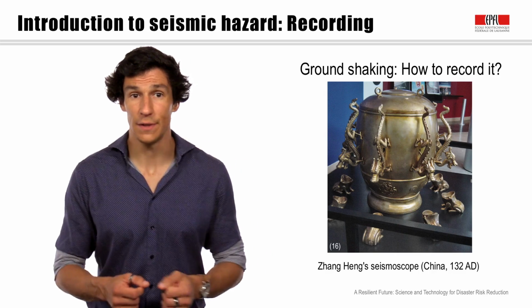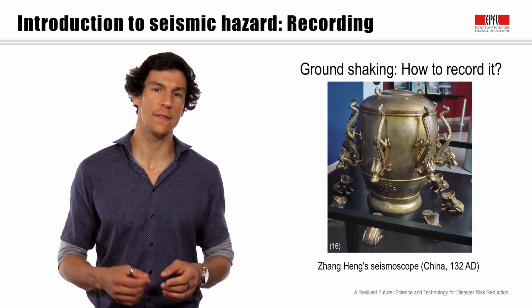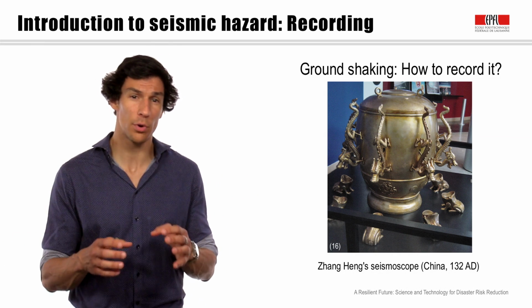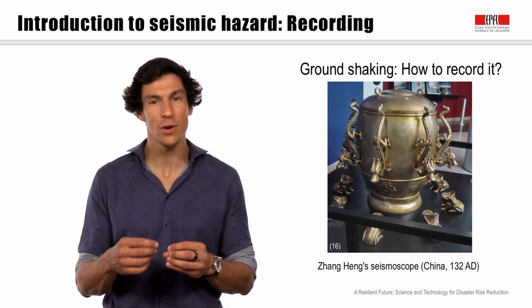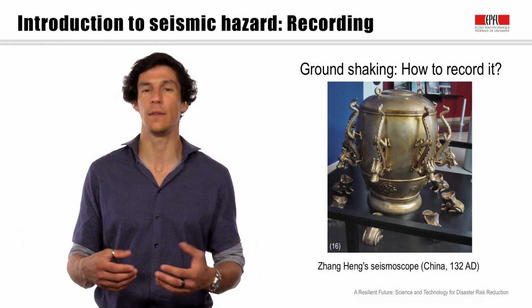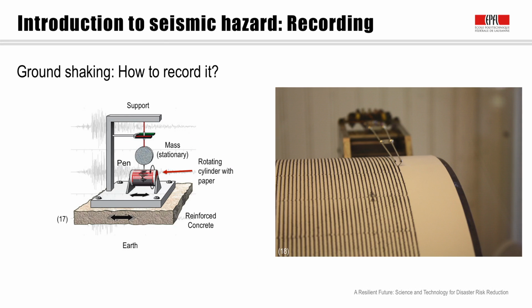Instruments that characterize the ground motion have been developed since ancient times, as Zhang's seismoscope, where a bronze ball drops from one of the 8 dragon heads to the toad's mouth to indicate the earthquake direction. In more classical seismographs, as represented in this sketch, when an earthquake causes the ground to shake, the base of the device shakes too, but the hanging weight does not.